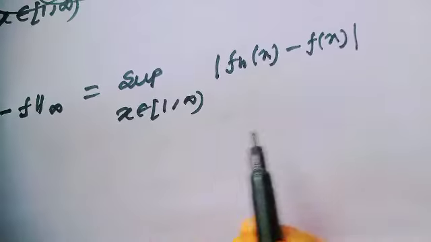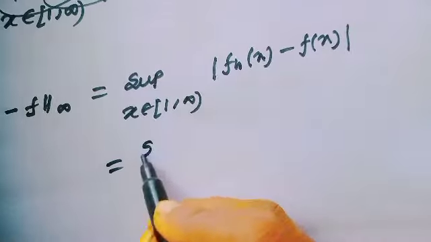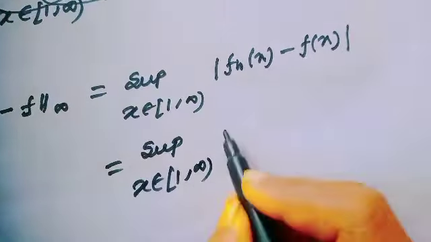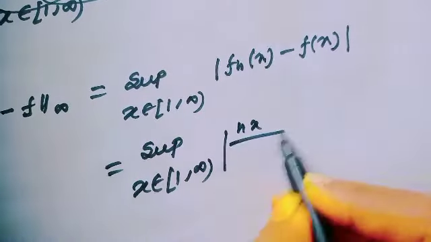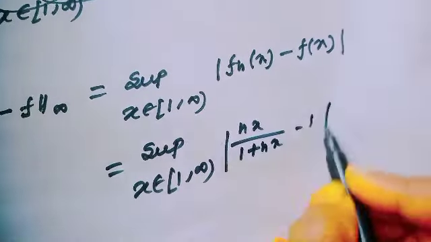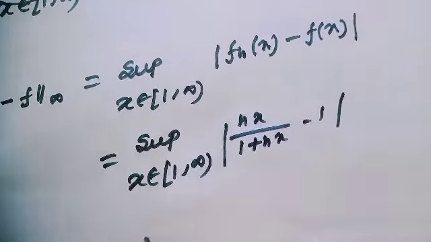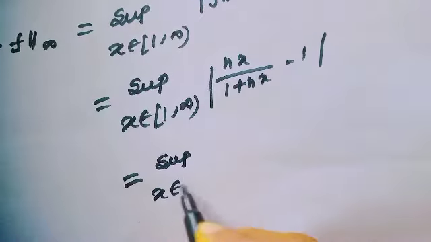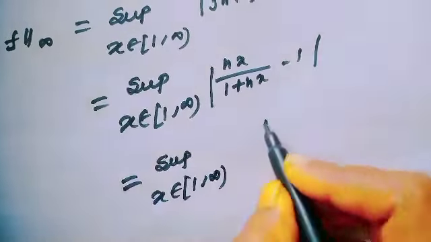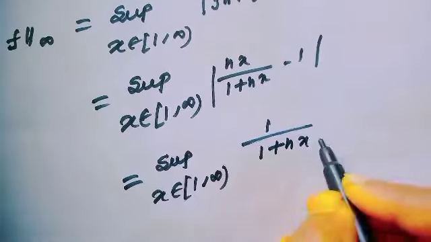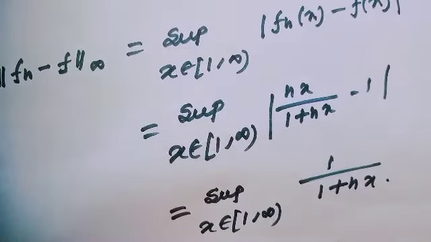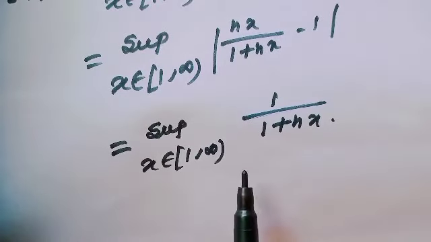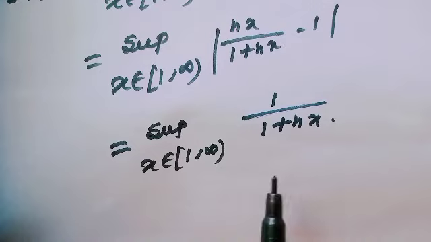Now just put the values: this would be the supremum, x belongs to closed 1 open infinity, of nx over 1 plus nx minus 1. Then this is equal to the supremum of 1 over 1 plus nx. Since the function is monotone decreasing, obviously the supremum exists at the point 1.